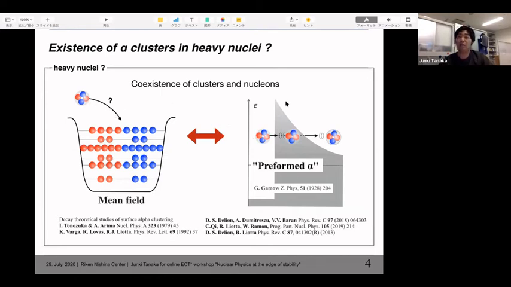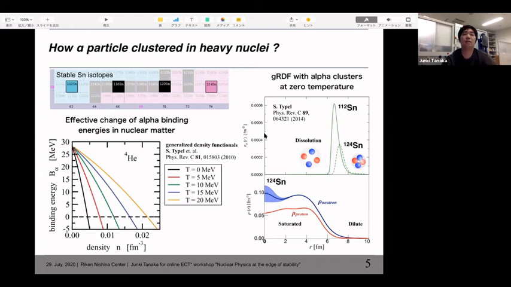For alpha decay nuclei, alpha clusters are an essential ingredient. As explained by George Gamow, the preformed alpha particle penetrates the Coulomb barrier by the quantum tunneling effect. However, it is not clear whether this alpha clustering is a special phenomenon only for alpha decay nuclei, or whether it is general even in normal, stable heavy nuclei.